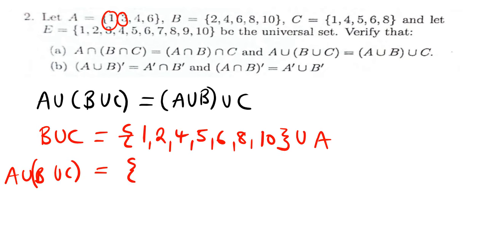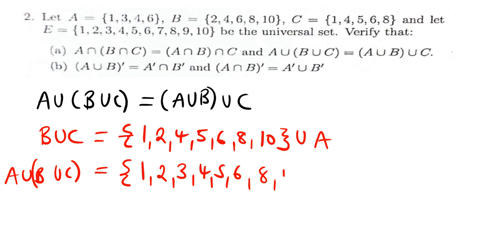We've got 4, 6. What we just don't have in this set is a 3, so we're going to add the 3 to make the set complete. So we're going to have 1, 2, 3, 4, 5, 6, 8 and 10. That is our left hand side. Now let's go for the other one.